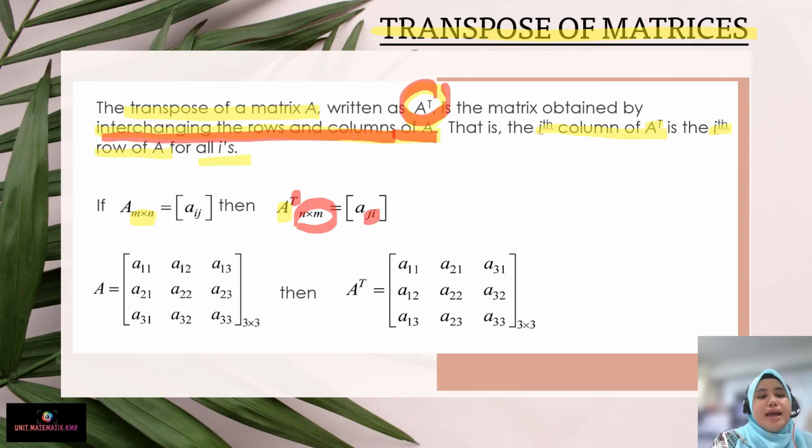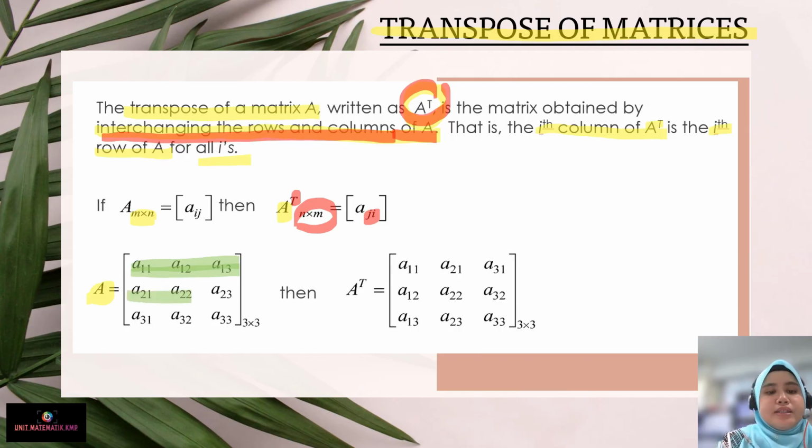All right. Let's look at this simple example that I'm sure you can understand. This is your original matrix, which is our A. Matrix A here. This is the value. For example, I put the value like this: A11, A12, A13.